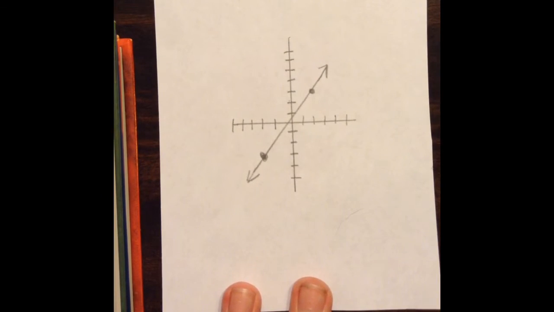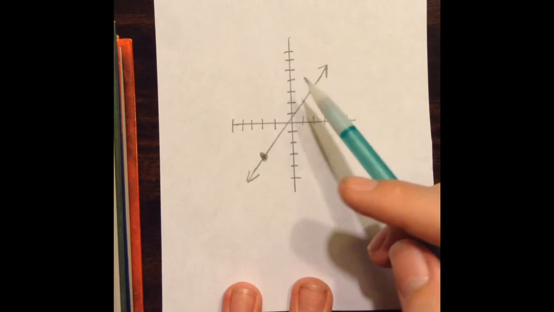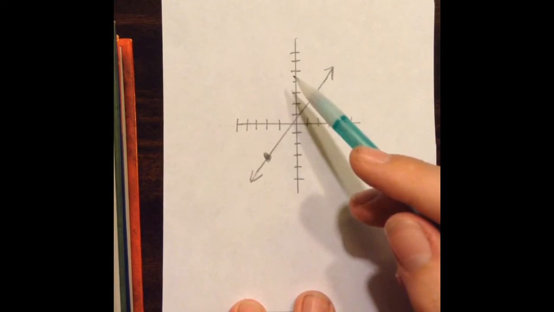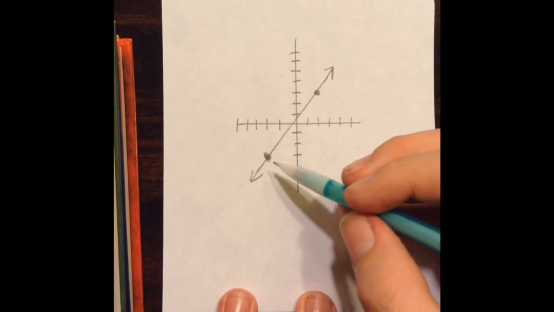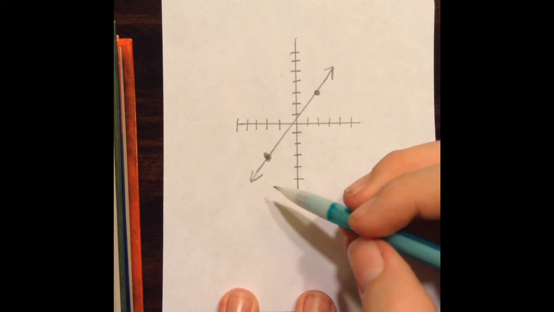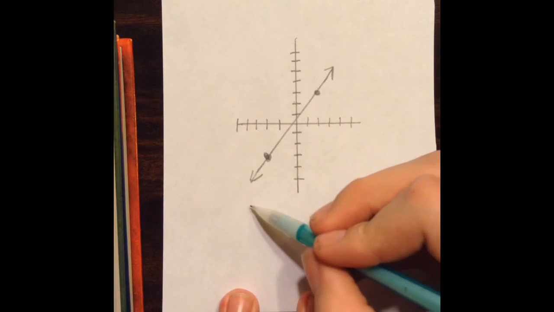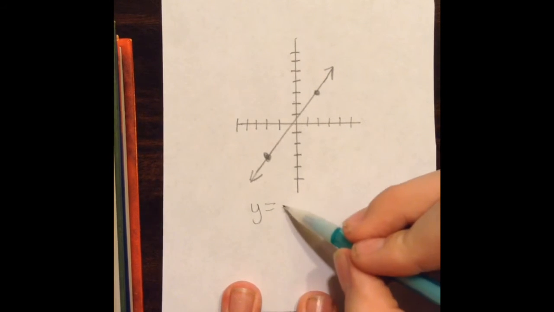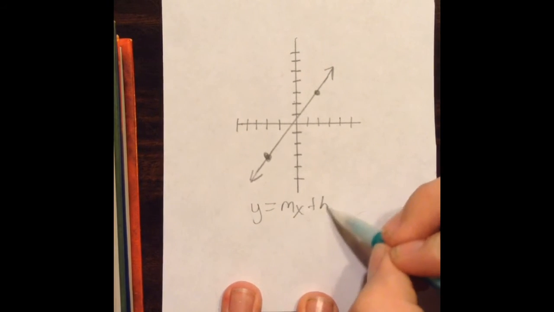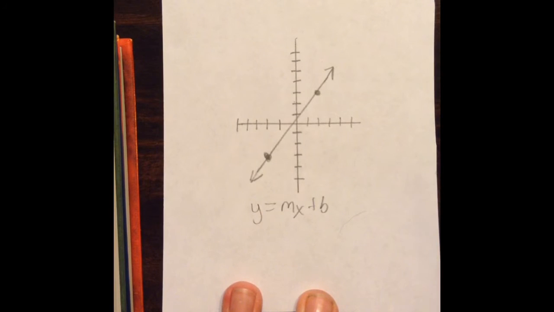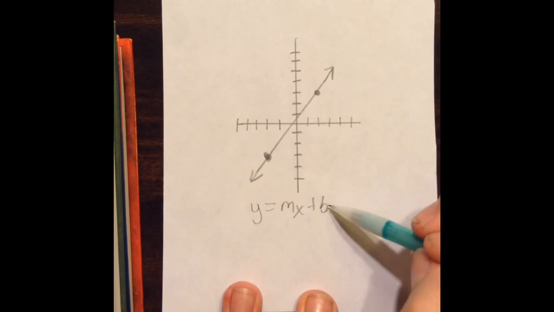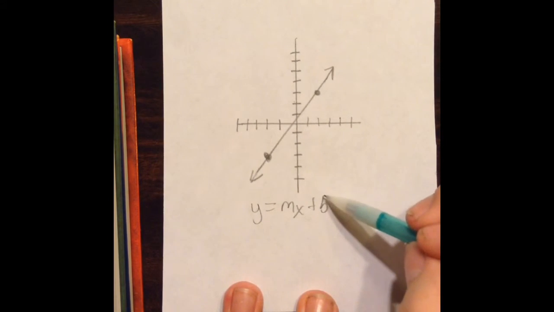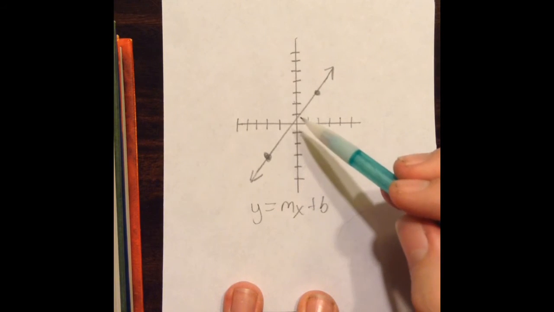Okay, so now we're going to find the slope-intercept form equation from a line. I already drew out a line on a coordinate plane, and to find the slope-intercept form equation, we're going to have to fill out this equation, y equals mx plus b. If you remember, b is where it crosses the y-axis.